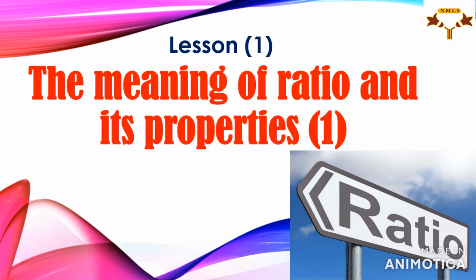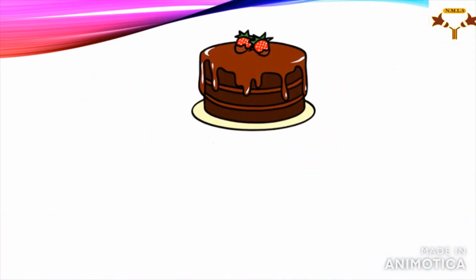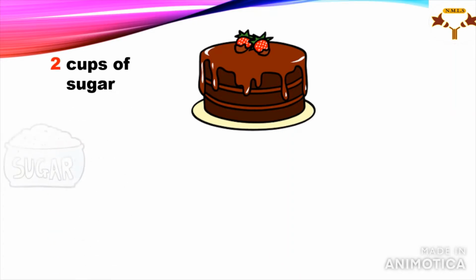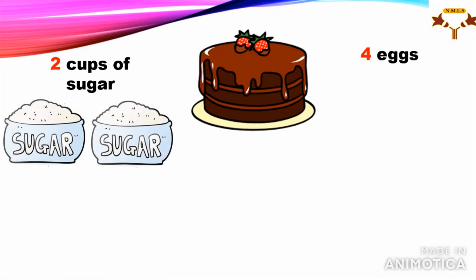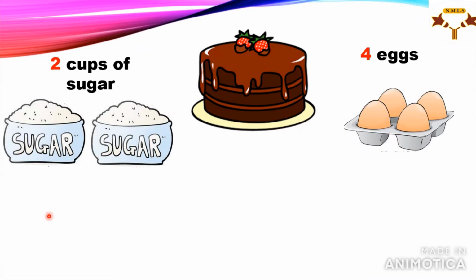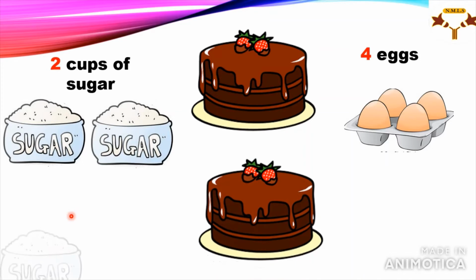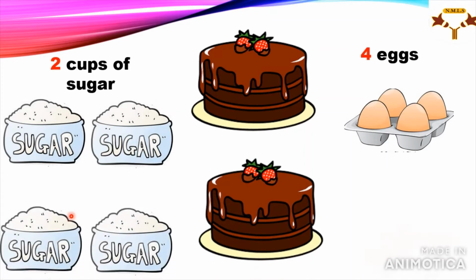Let's see what the meaning of ratio is. If I told you that I need to bake a cake, I will need 2 cups of sugar and 4 eggs. So every 2 cups of sugar will need 4 eggs to bake a good cake. If I need to bake another cake, I will need 2 cups of sugar and 4 eggs.